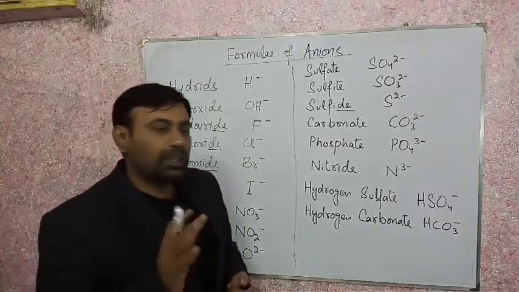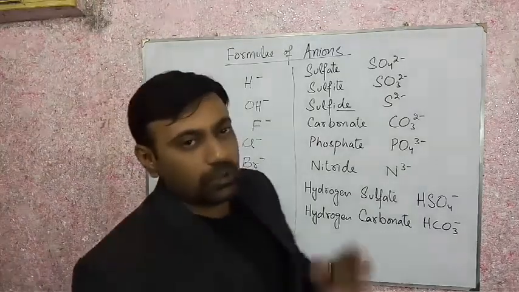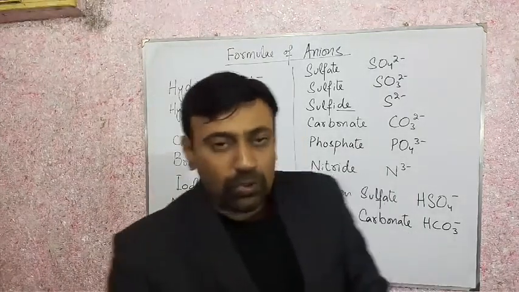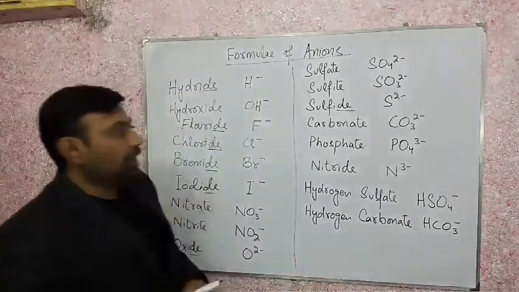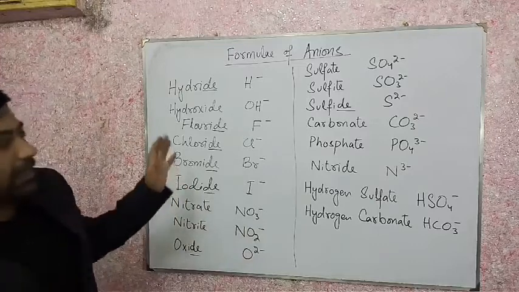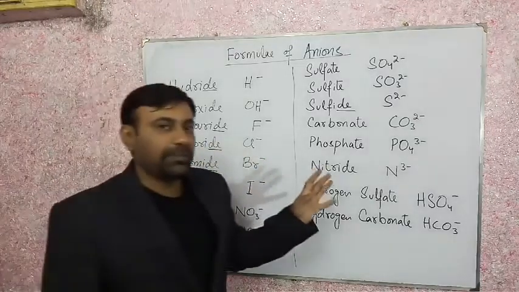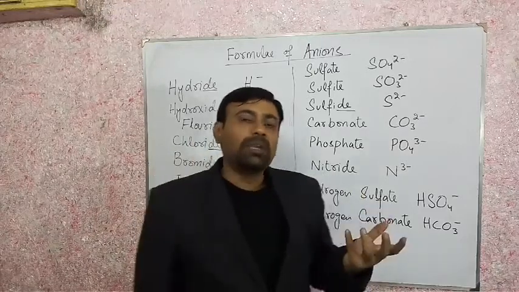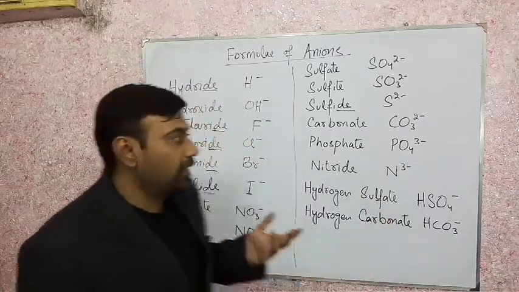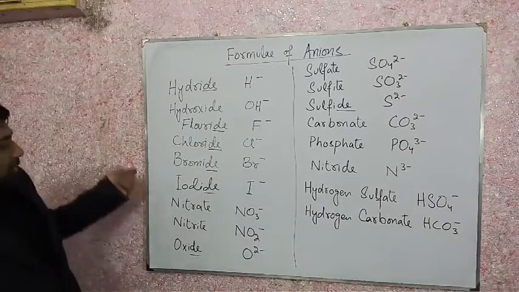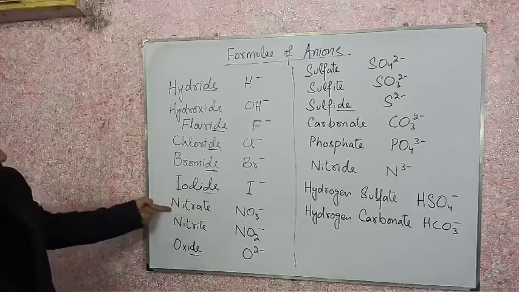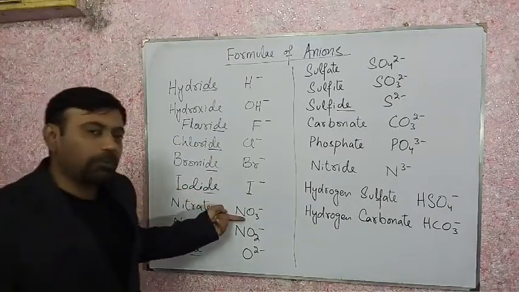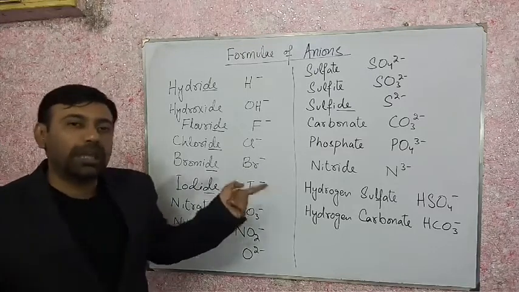So if there is an -ide at the end, you can be sure that it's the ion of a single element. But if there is an -ate at the end, that means that oxygen is also present in addition to the main element of that ion. For example, nitrate is the ion formed by the combination of nitrogen and oxygen.